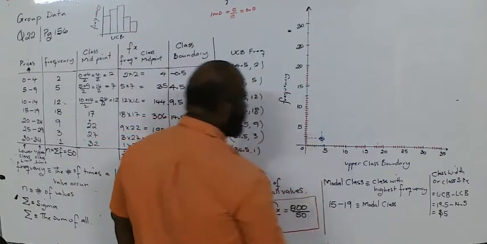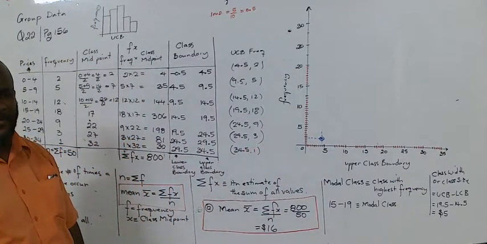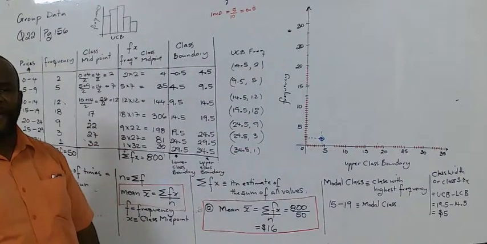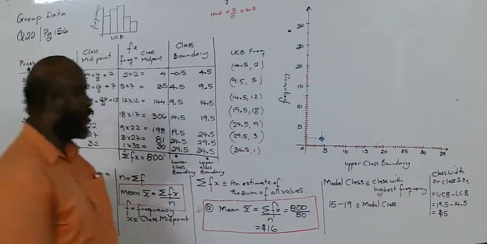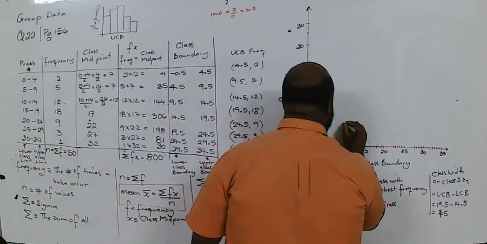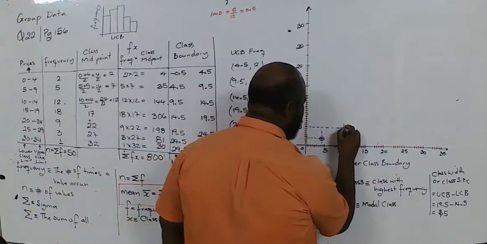That is my first point. The second point is 9.5. Where is 9.5? Just before 10. 9.5, go up, corresponds with 5. That's this point here.